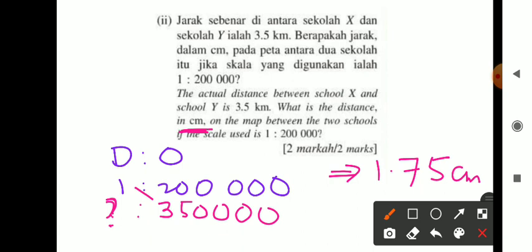So always check your answer, see if it is logical or not. For this case, 1.75 cm on paper means 3.5 kilometer in reality. So it is very logical. Okay, this is your map now.